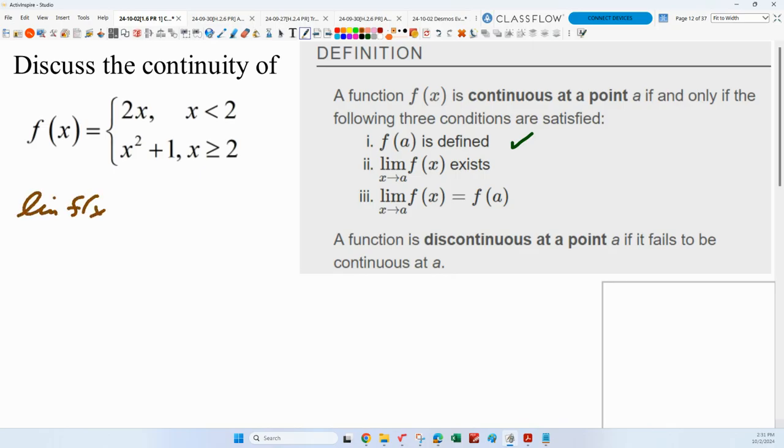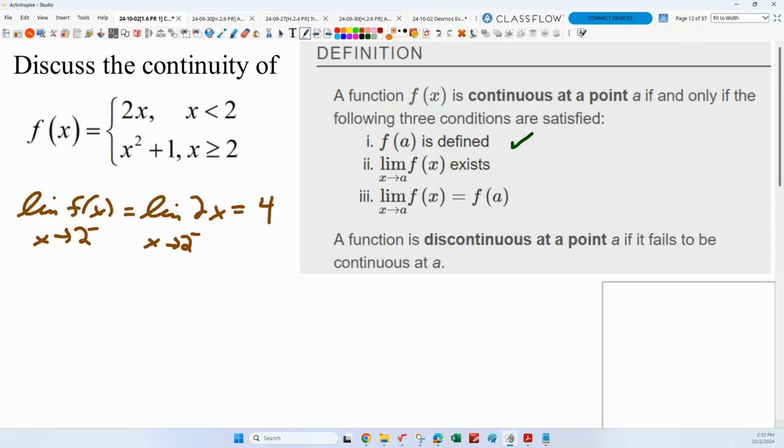The limit of f of x as x approaches, what's the value in question? 2. As x approaches 2 from the left is the limit of 2x as x approaches 2 from the left, which is what? 4. So the limit from the left is 4.